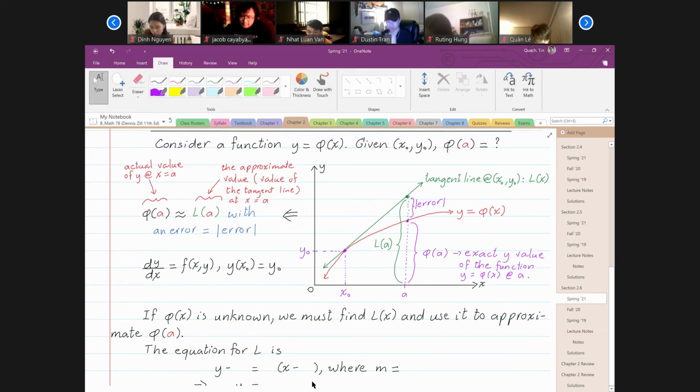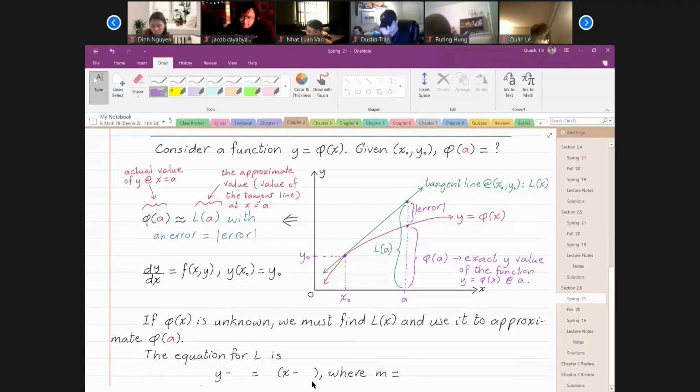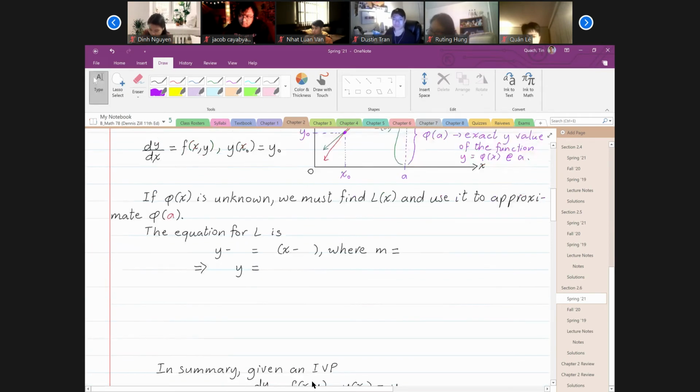So in order for us to be able to do that, we need to find out what the equation of the tangent line is, right? So let's try to do that in this case. You have a point, you need to find the slope. So you know the equation of the line is y minus y naught, the point is x naught, y naught, equals the slope. So what is the slope?